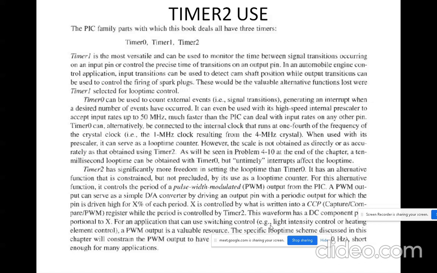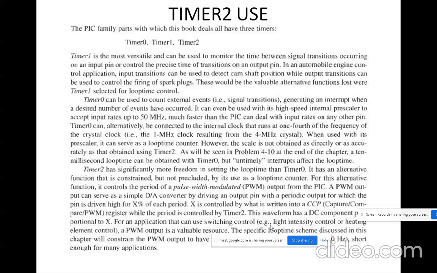Pulse width modulation output can serve as a simple digital to analog converter by driving an output pin with a periodic output for which the pin is driven high for x percent of each period. That means your output signal will be connected to your digital to analog converter, and timer 2 will take control over that converter also.